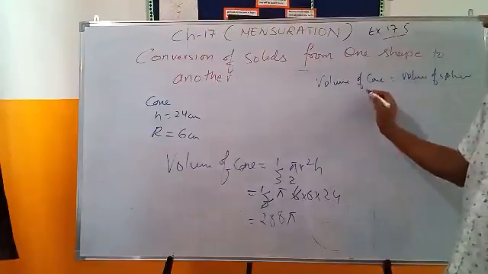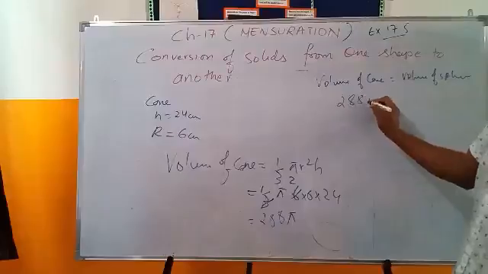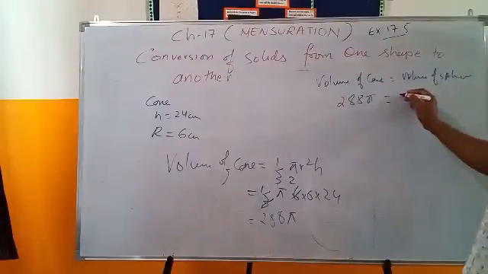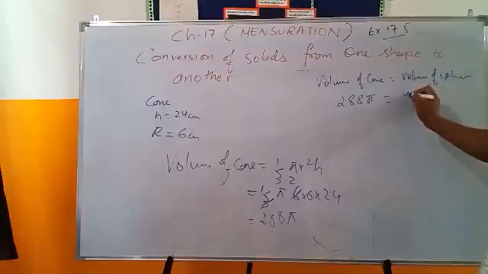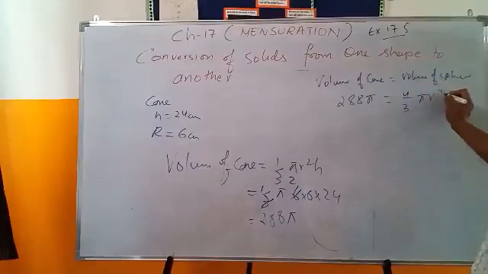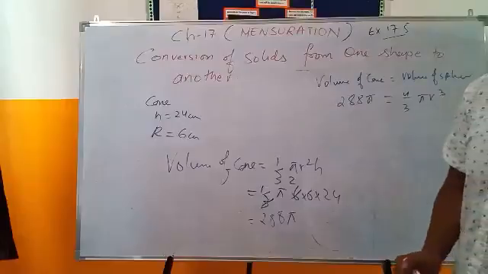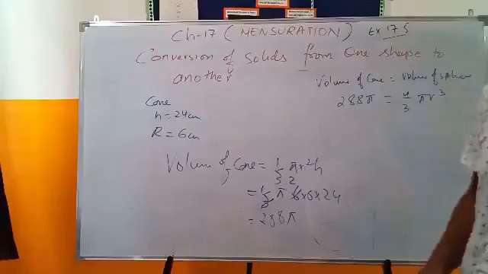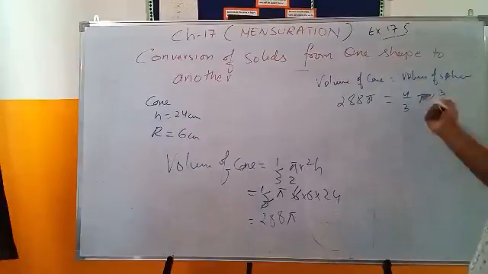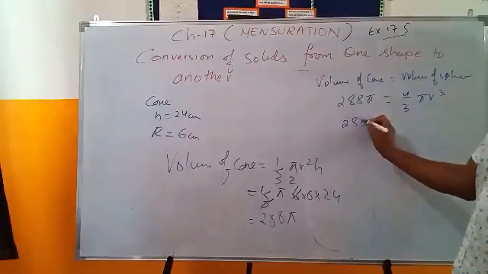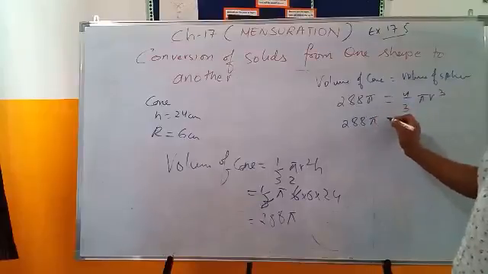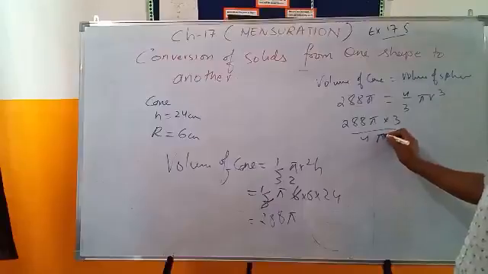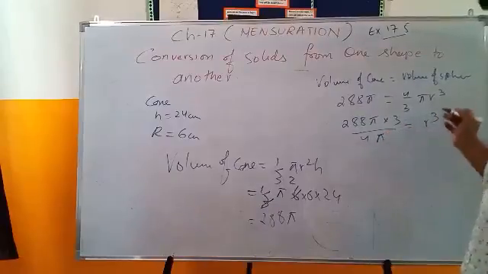So the volume of the cone I already know, that is 288 pi. And what is the volume of the sphere? You know the volume of the sphere is 4 upon 3 pi r cube. This is the formula for finding the volume of a sphere. But they said find the radius of the sphere. This is the radius of the sphere, which I don't know. So 288 pi, and the 3 is going to go on top, and 4 and pi will come down, and r cube is left because I have to find the radius.